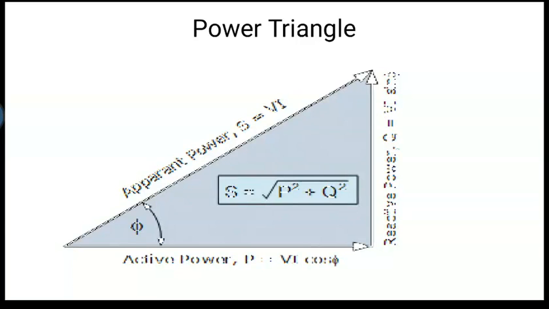So you just have to draw this diagram and denote 4 things in fact: P, Q, S and angle phi. Okay, so this is a power triangle. I hope you have a clear concept for this. If there will be any doubt, we will solve in a live session.